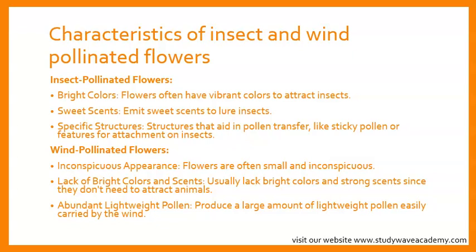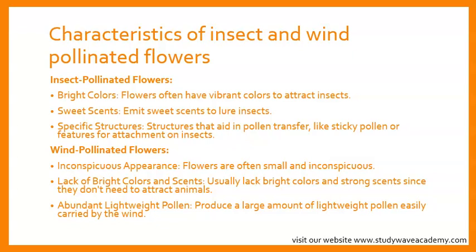We looked at the meaning of pollination. We said pollination in plants is the movement of pollen from the male part of a flower to the female part, right? Then we looked at the types of pollination. We said there are two main types, self-pollination and cross-pollination.